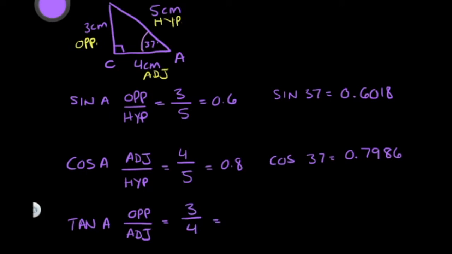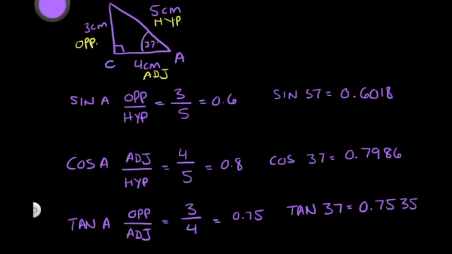When we do 3 divided by 4, we get 0.75. And if you use the button on your calculator and you put tan 37, you should get 0.7535.